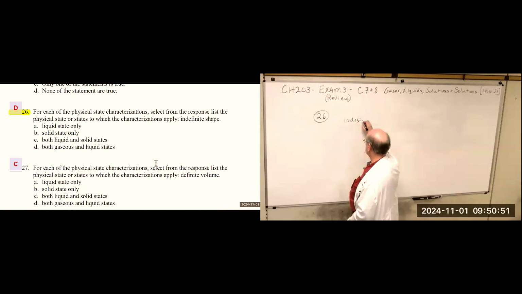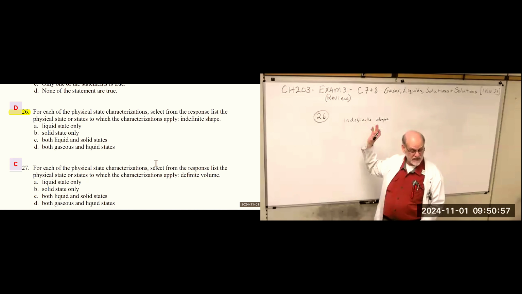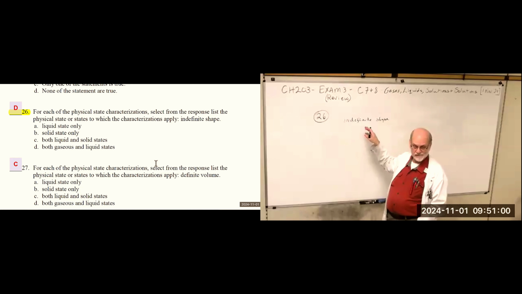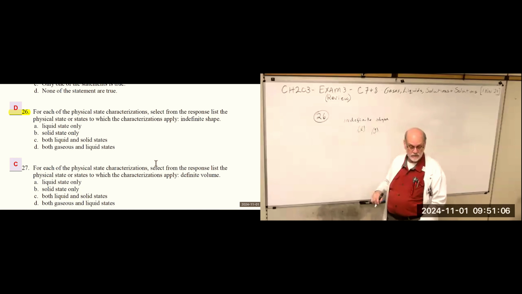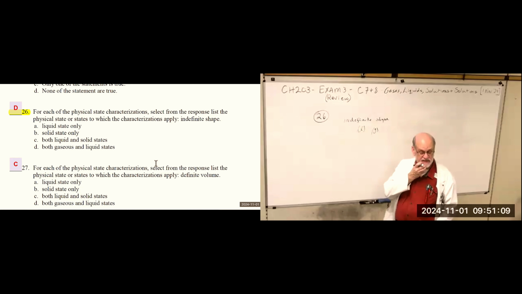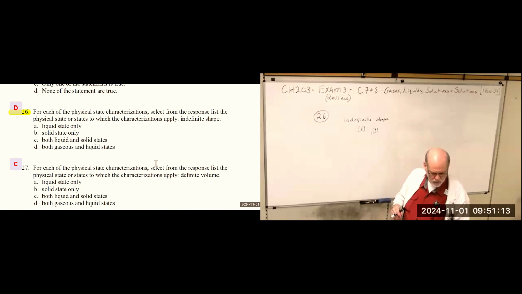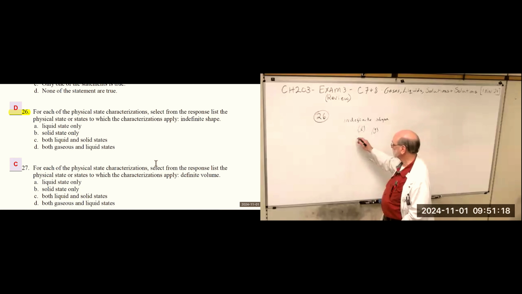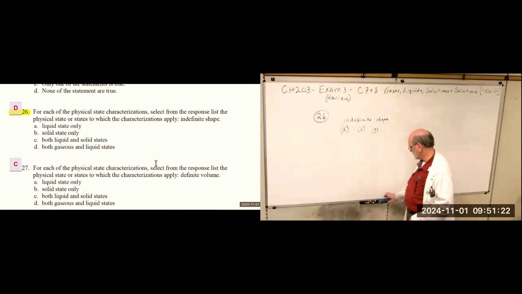Which phase would satisfy that condition? Liquid? How about gas? Yeah, gas also, liquid and gas. Solid has a definite shape, but these two don't. So D, gas and liquid. That would be the correct answer.